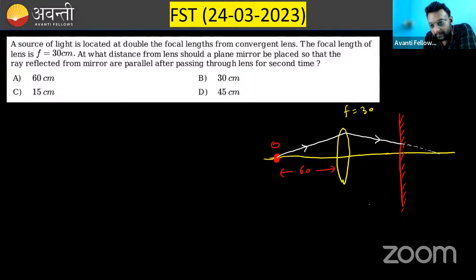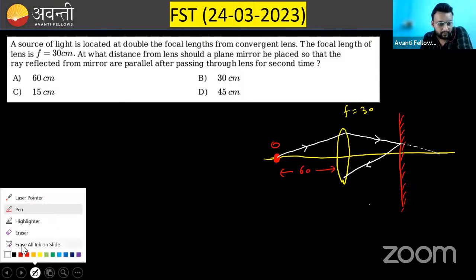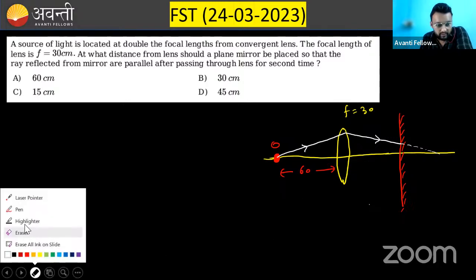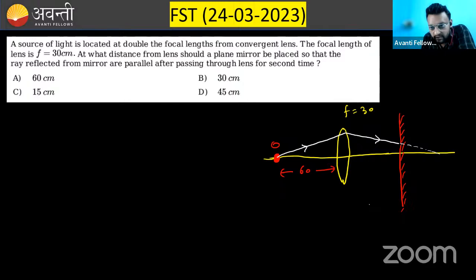Now, what will happen? This ray will be reflected. Let's suppose it is reflected in this way. This is not the proper diagram that you should want. Okay, let's suppose the ray is reflected in this way.